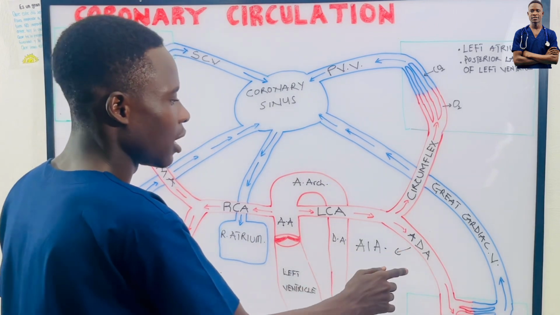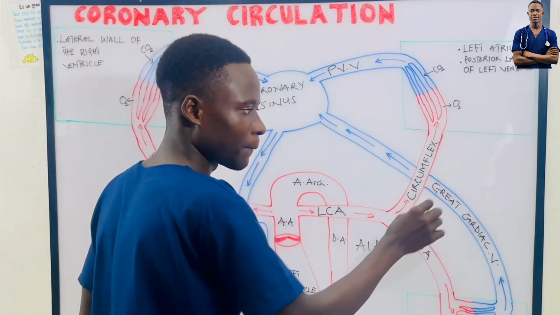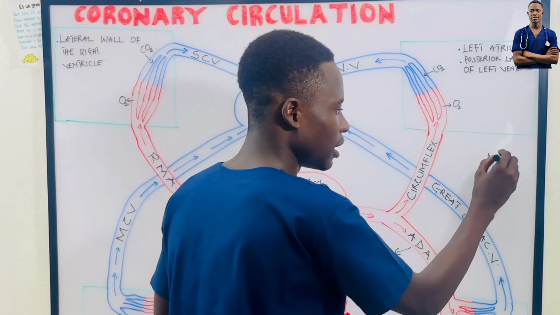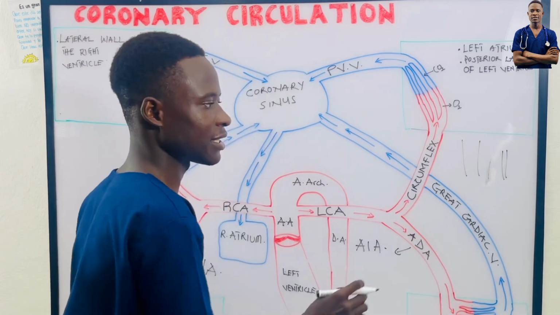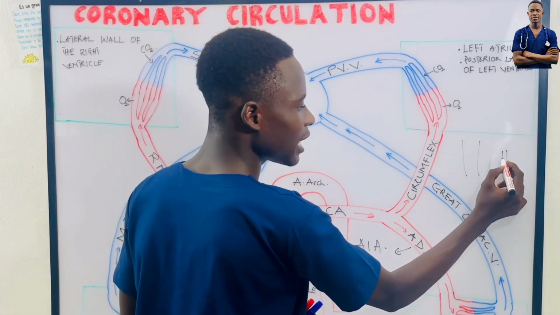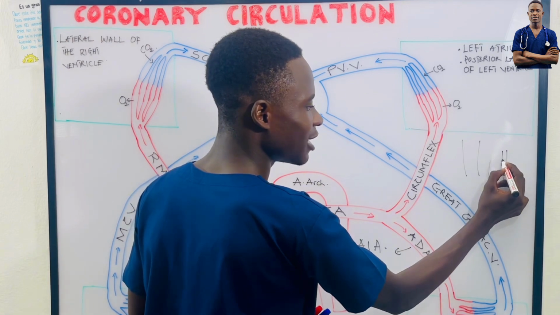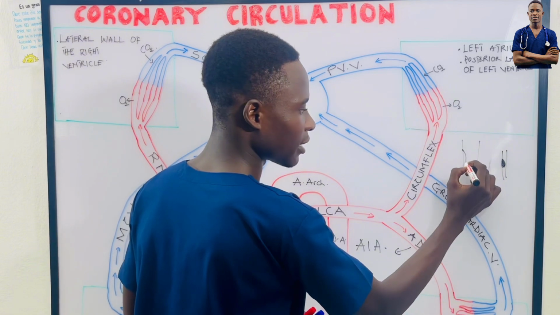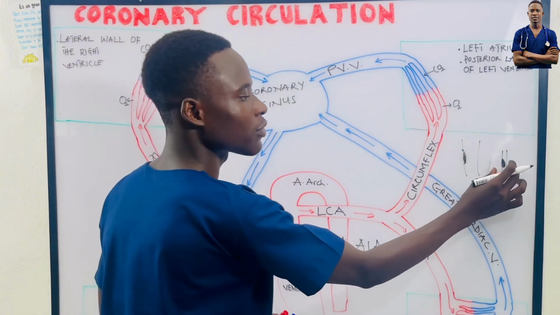This artery, among the four, has a small diameter. Let's say this diameter is like this, and then the rest are like this. Do you understand? So with this diameter, if there's a plaque formation, it is easy to block the artery. Unlike this one, if there's a plaque formation, this one doesn't get blocked easily, but this one gets blocked easily.